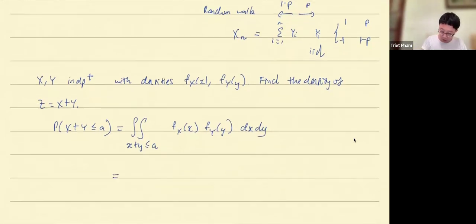Now you write down this region more carefully. If you integrate x, x will go up to a minus y, because x is less than or equal to a minus y, and y will go from minus infinity to infinity.